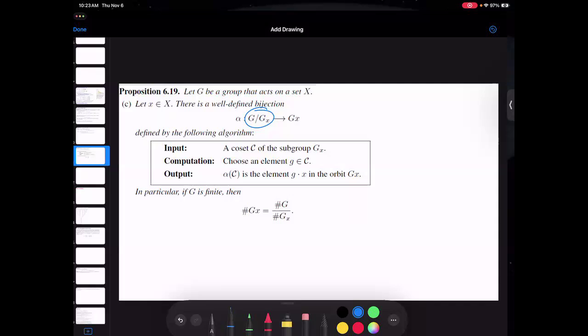What do we have to be careful about with this definition? We should only be assigning one thing to a coset, right? So what's your fear? What could go wrong?